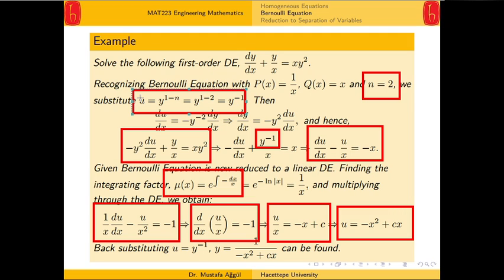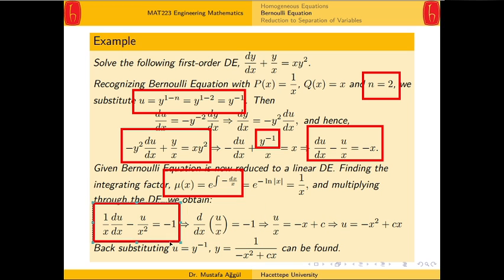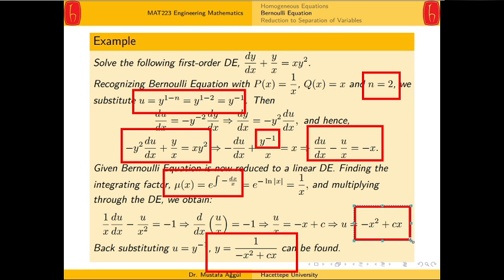So if you substitute u here, our solution will be this function, which is basically 1 over this expression. Alright, this is our solution.